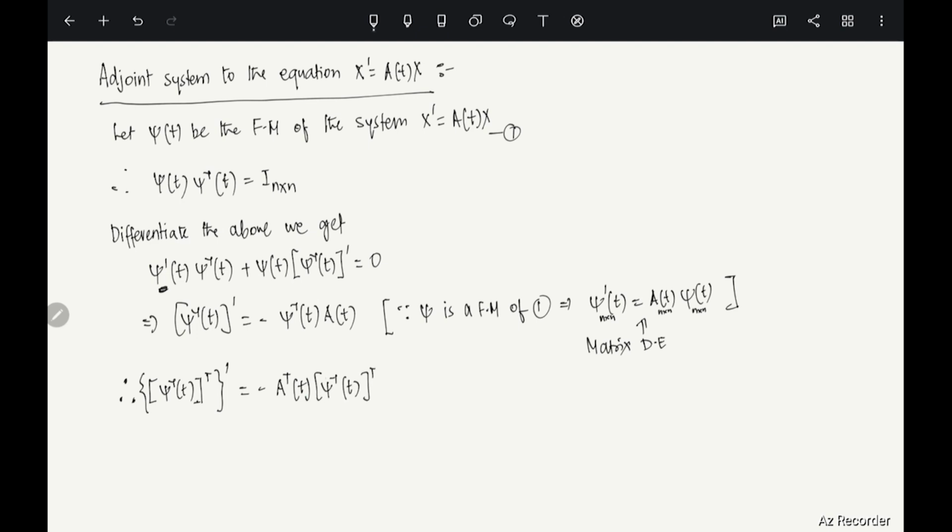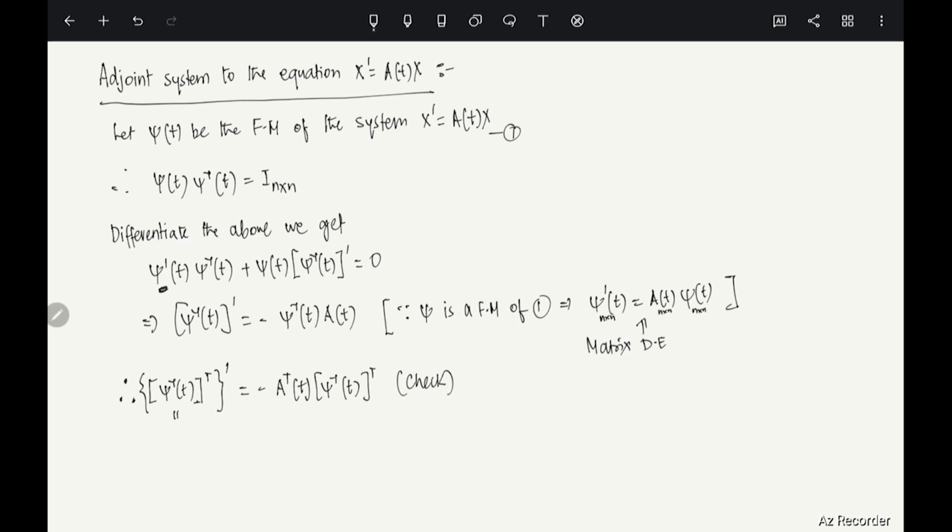So basically, if I take the transpose on both sides, this is what I can write down, because the derivative goes inside, so it's not a problem. If you are not convinced in this part, take a simple 2 cross 2 example and please check this part. What does this give you? If you define this as pi of t, pi of t will satisfy pi prime equals minus A transpose pi.